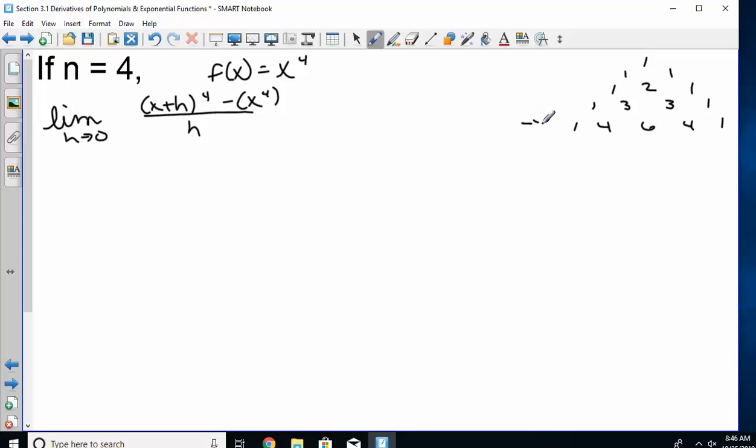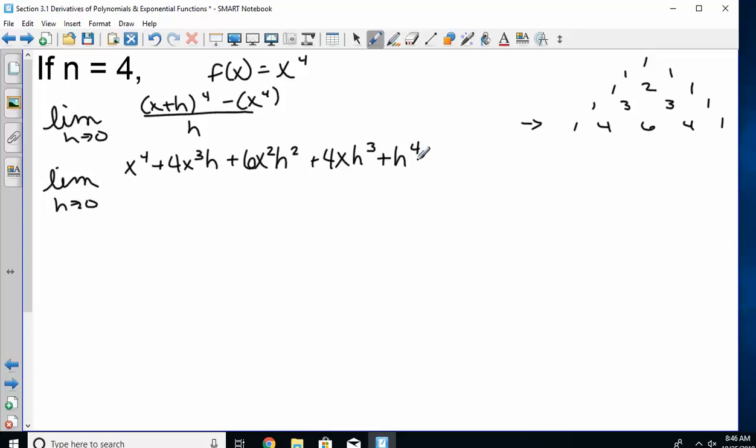So we're on this row. Those are your coefficients. So I have a 1x to the 4th, a 4x cubed h, a 6x squared h squared, 4x h cubed, and then h to the 4th.